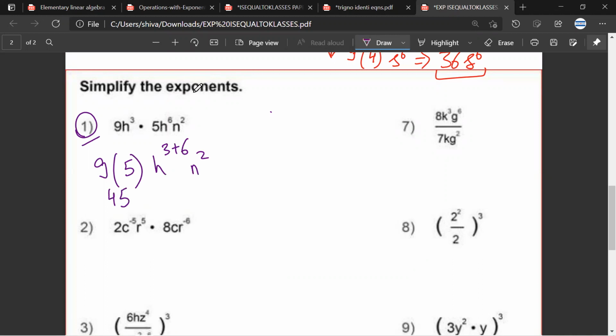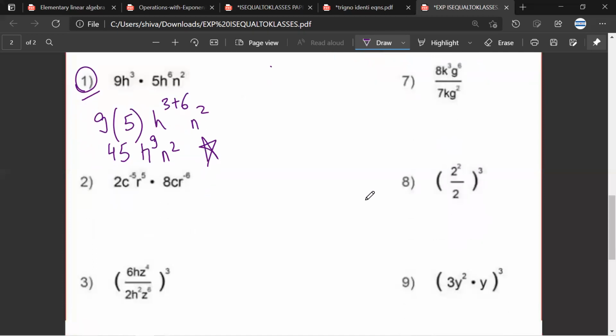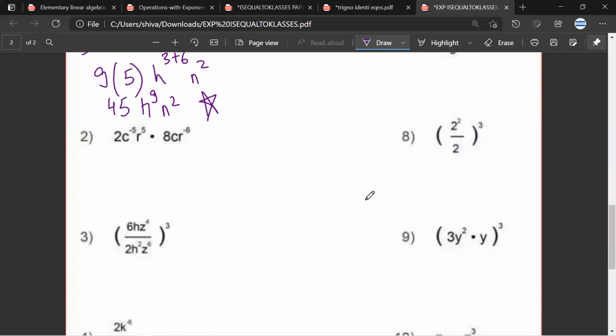So we can do 9 into 5, so 45h raised to the power 9 n raised to the power 2. Sarthak, any doubt? No, sir. Have you understood the logic? Yes, sir. Okay, try this, Sarthak.